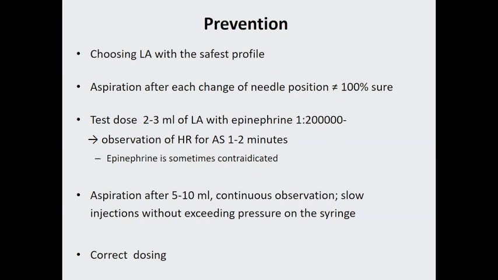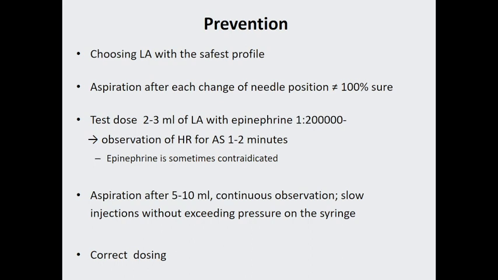After the change of needle position and before the bolus is given into the catheter, we have to aspirate. If the needle is within the vessel, with the aspiration we should see blood being aspirated.